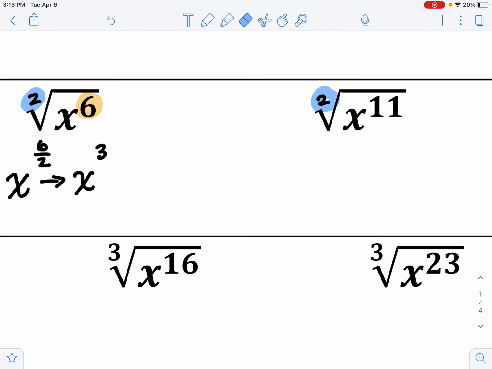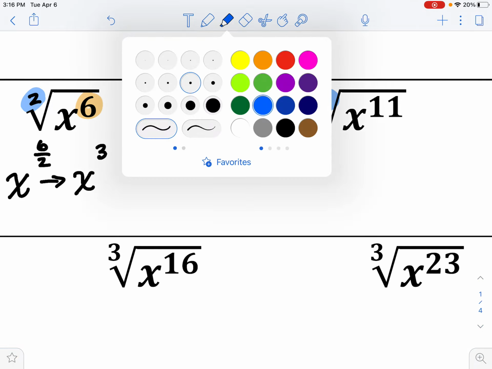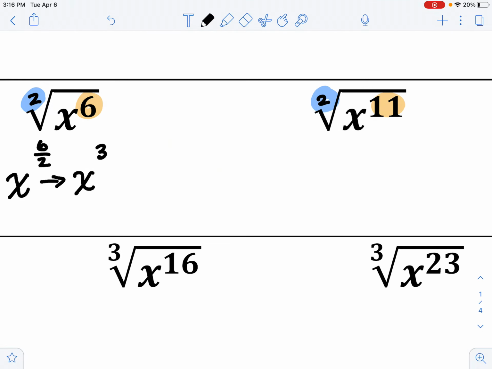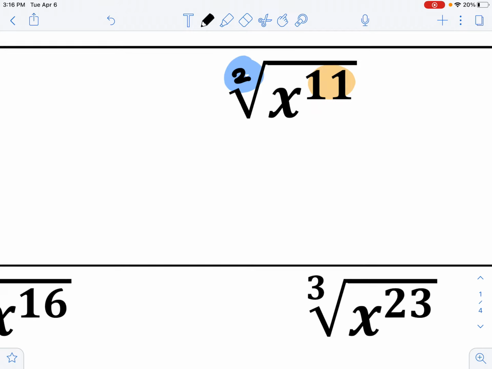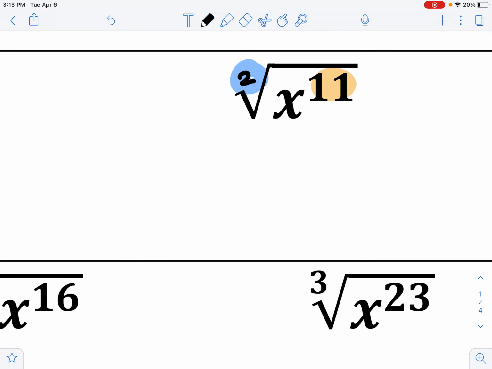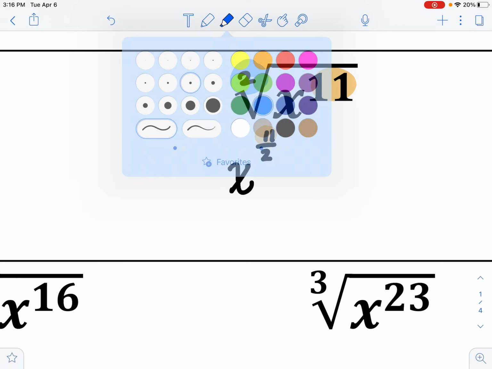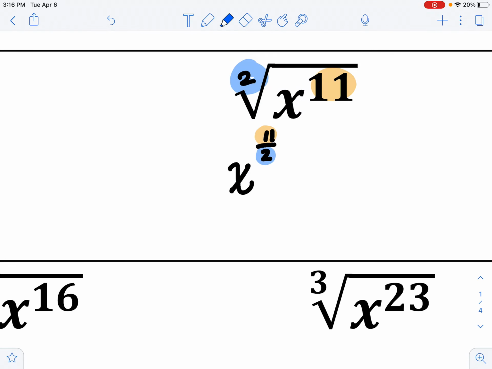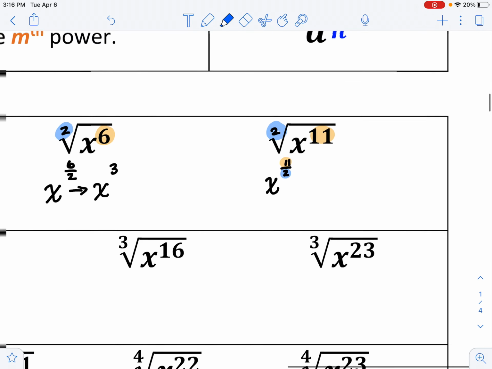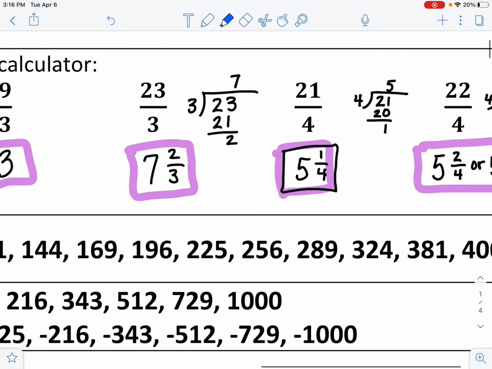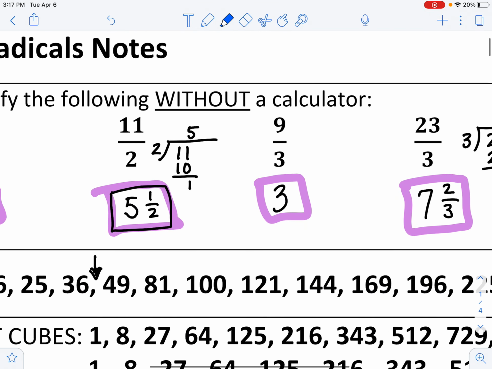Now, this one's not going to come out as a whole number because 2 doesn't go into 11. There's a leftover. There's a remainder. So if we write it as x to the 11 over 2 power, or 11 halves, you could say, if we simplify that, we did that up at the top. We did 11 divided by 2 up here at the top.